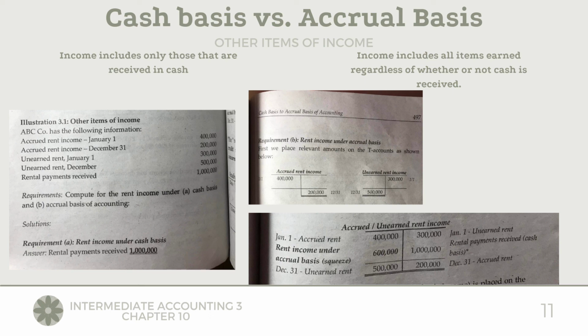Kaya i-combine natin yung nauna nating T account. Yung amount ng rental payments received is nilagay sa credit side dahil credited ang rent receivable or unearned rent kapag naka-receive ng cash from rentals.